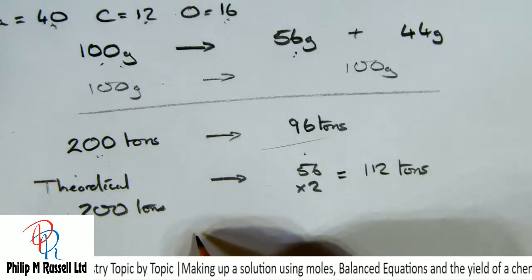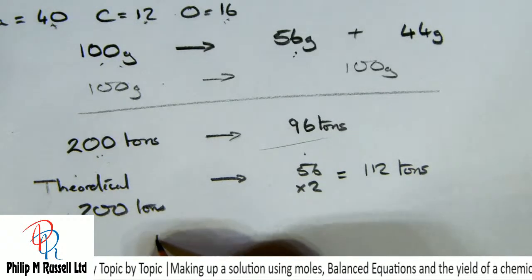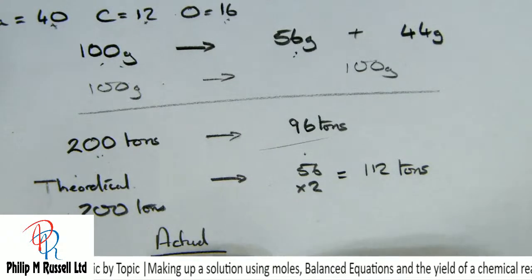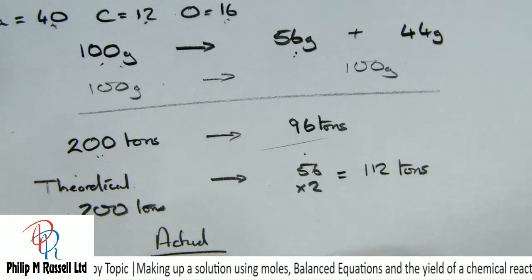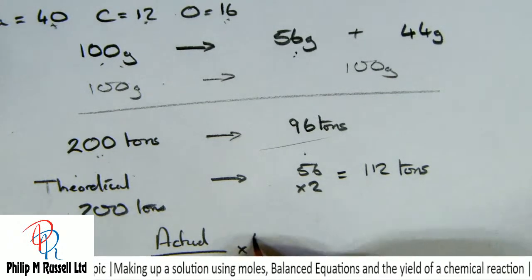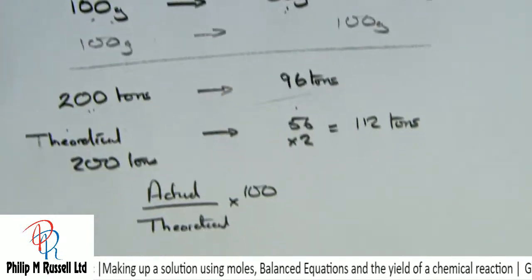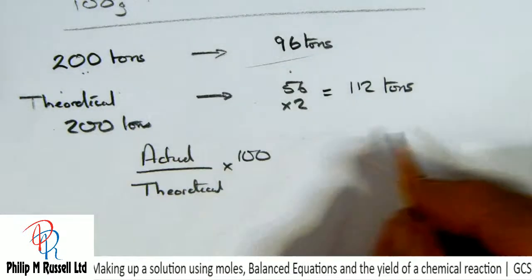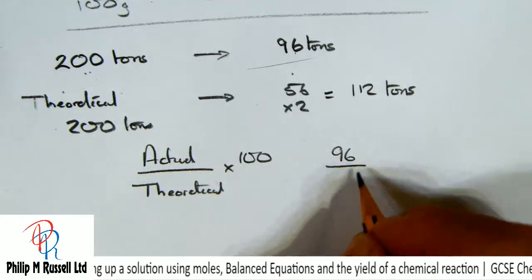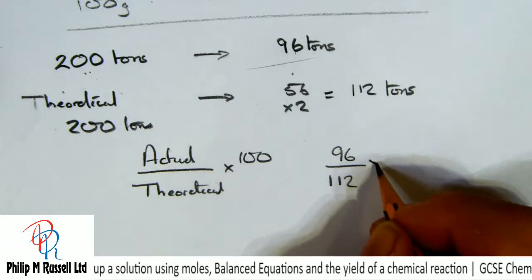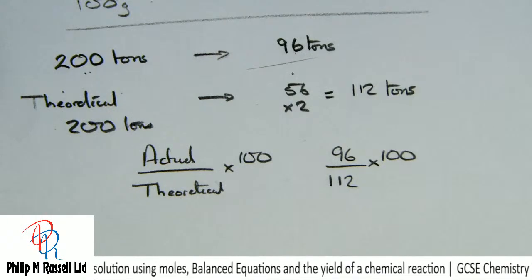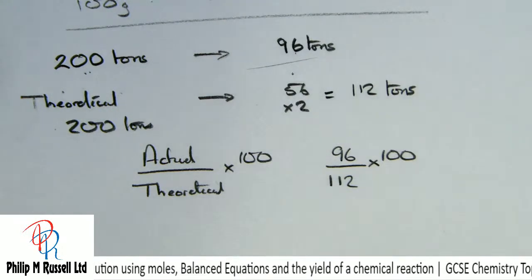To work out our yield, we're going to put the actual mass over the theoretical mass, and we're going to times it by 100. Let's do that. We've got our actual mass, 96 over 112. We multiply it by 100 to work out what it is as a percentage.